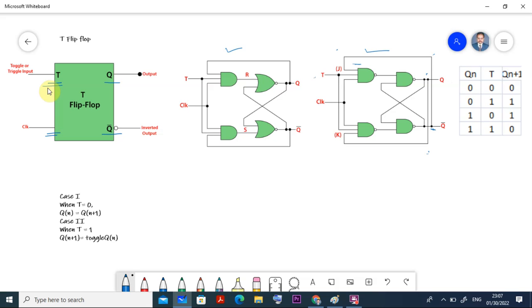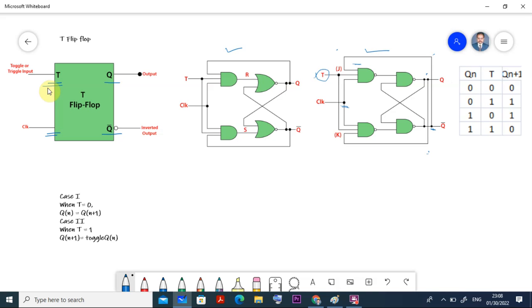We simply provide input T here, and the same copy is provided at K also. In the toggle, the first input T is coming as the J input, and the same thing is also available as the K input. And obviously we are providing a clock here, CLK.